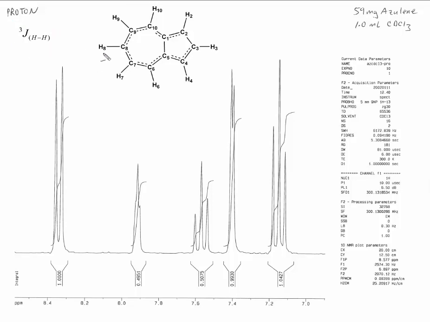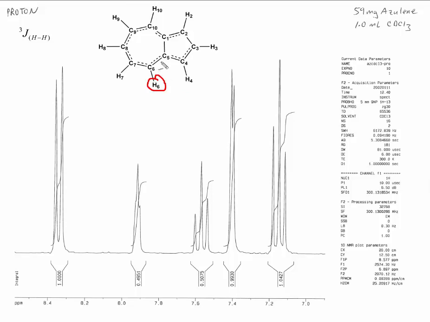Okay, so we go around the molecule here. We've said that this is a triplet, right? The pair 7-9, that would also be a triplet. The pair of 6-10, that would only be a doublet because this hydrogen is more than 3 bonds away.